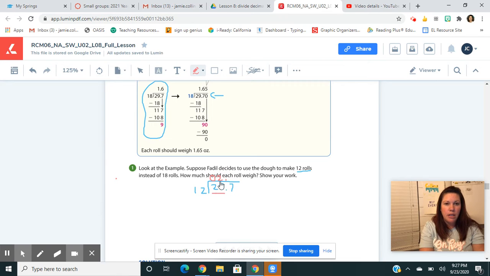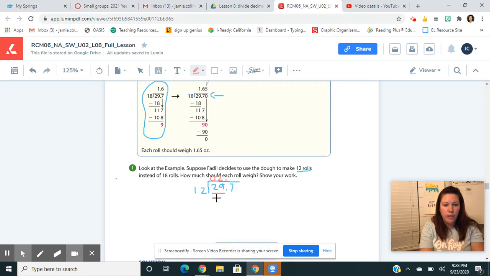Just like we've talked about in previous lessons, we want the quotient to go right above the number we are dividing. Since the 9 is in the ones place, our 2 is going to be in the ones place as well.